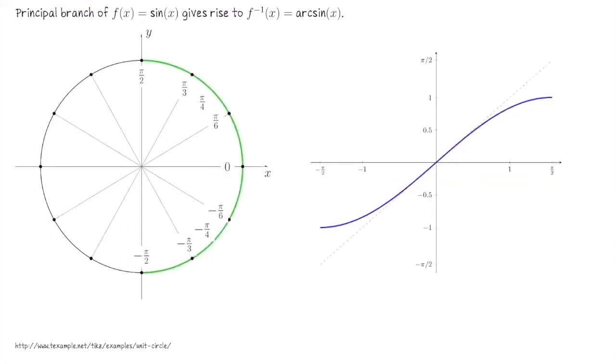Now let me zoom in just on this one particular branch. Notice the leftmost point is -π/2, the rightmost point is π/2 on the axis. That means that the angles that we're going to plug into sine in order to generate this principal branch range from -π/2 through 0 up to π/2.